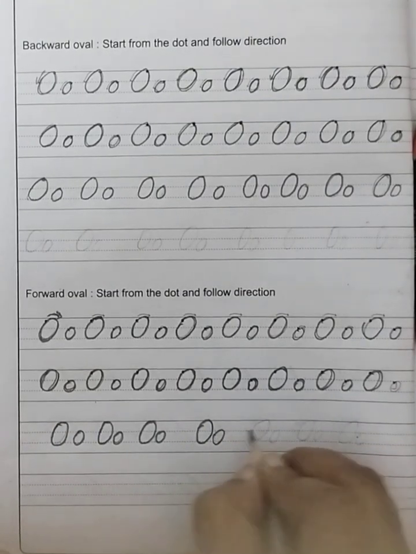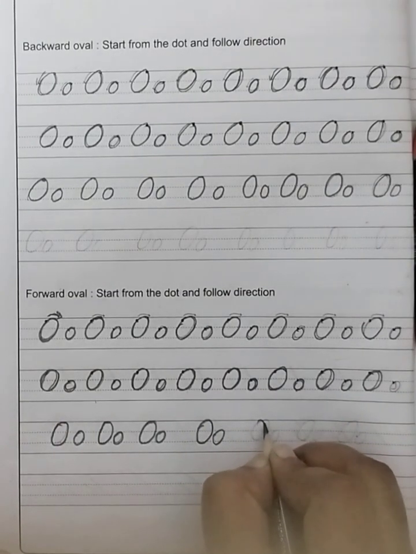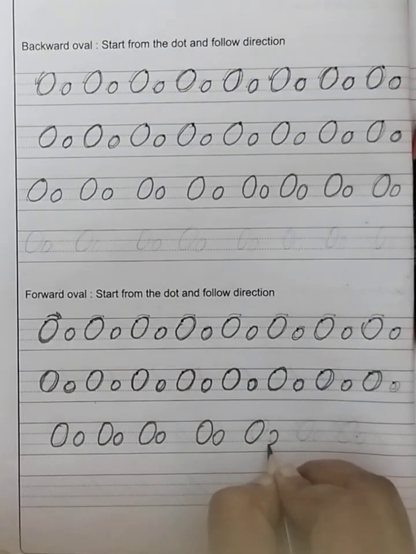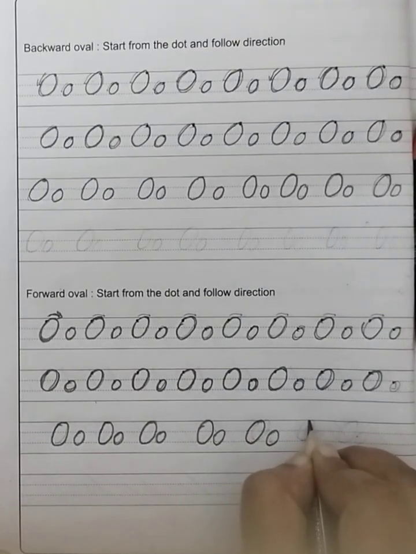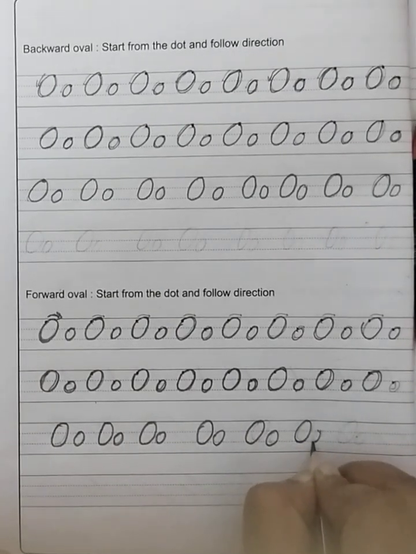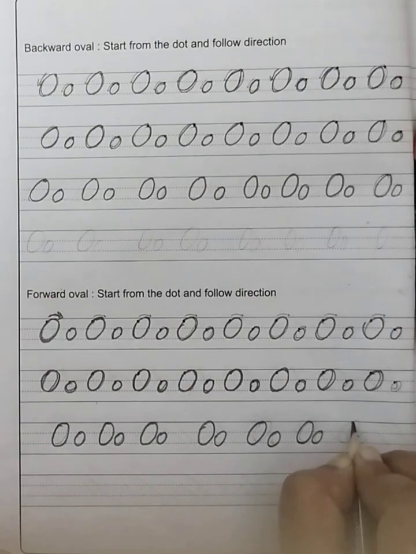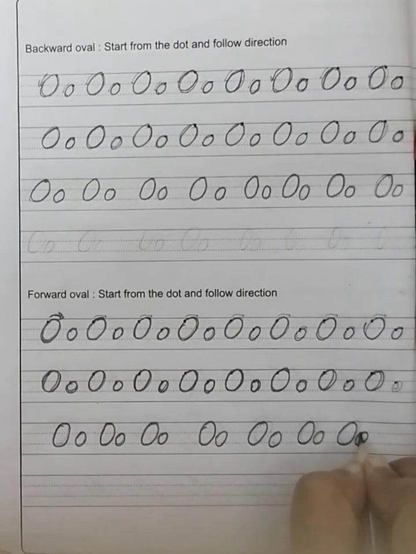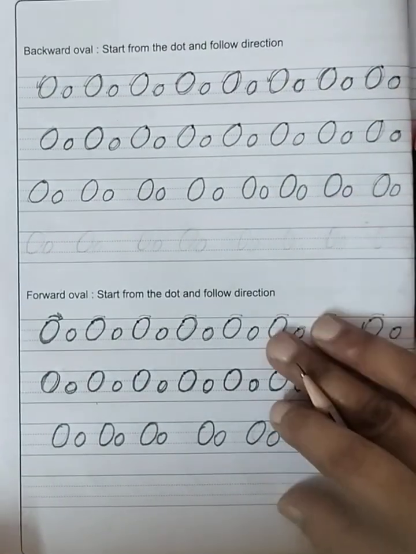Children, this is a forward oval. This is a forward oval. So like this we have to practice.